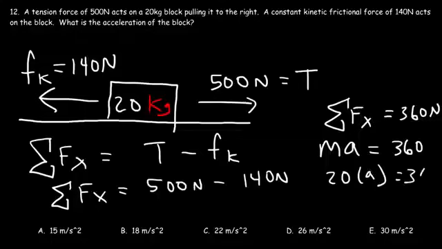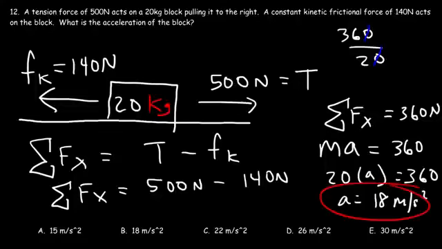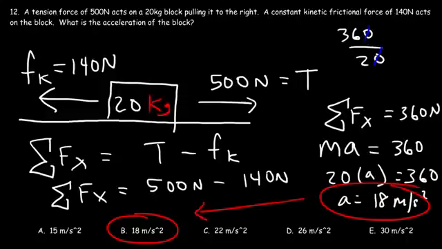So the acceleration is going to be 360 divided by 20. So we can cancel a 0. So it's really 36 divided by 2, which is 18 meters per second squared. So as we could see, answer choice B is the right answer.